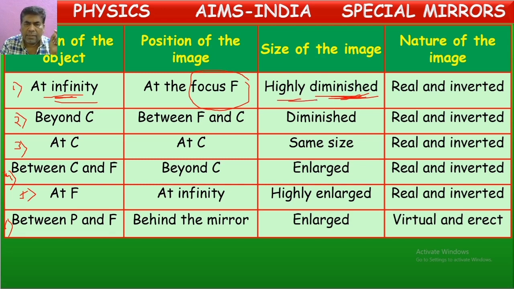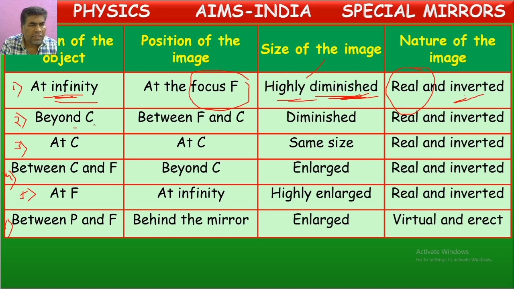So, like a point, the image is formed at the focus. But what is the nature of that image? We can catch it on a screen. That's why it is real. But inverted. Inverted means upside down. The upper part will come downside, and the downside part will go upside.